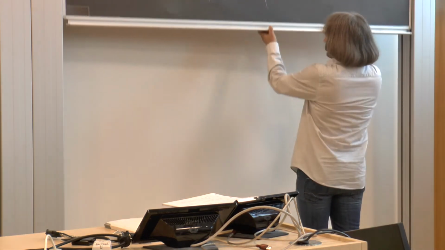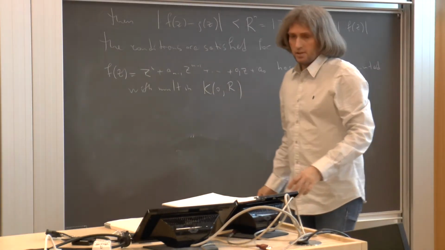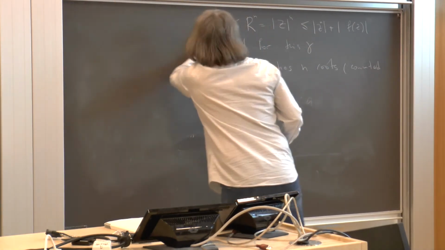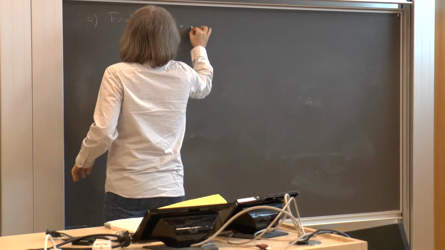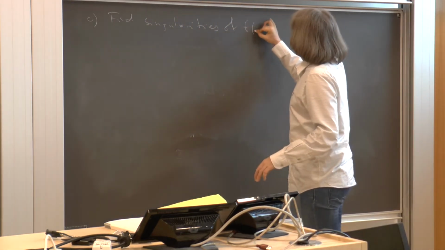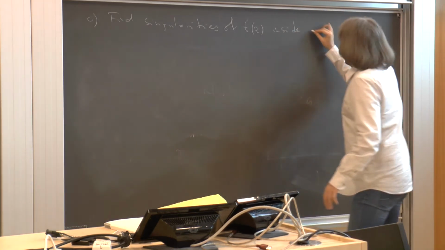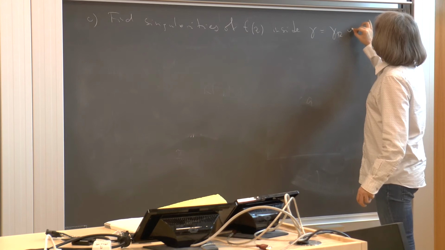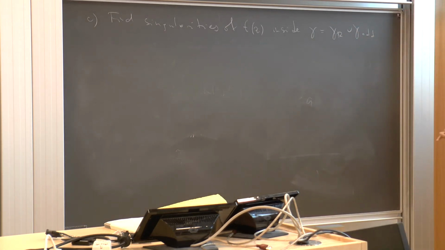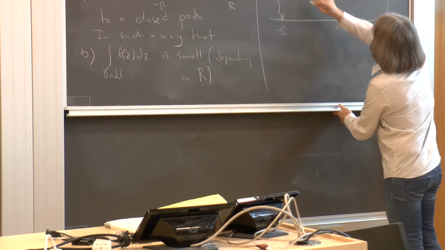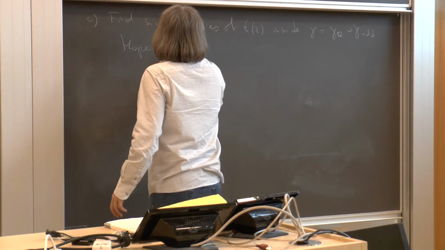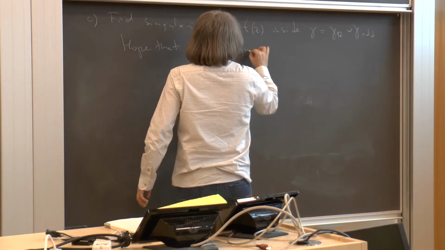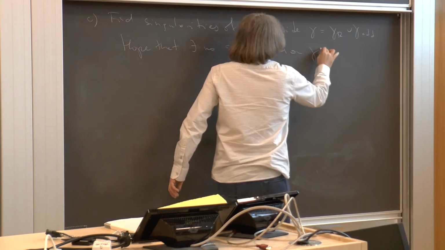Now, then find singularities of f of z inside gamma, which is gamma r union with gamma ad, somewhere here, and actually hope that there are no singularities on gamma itself.